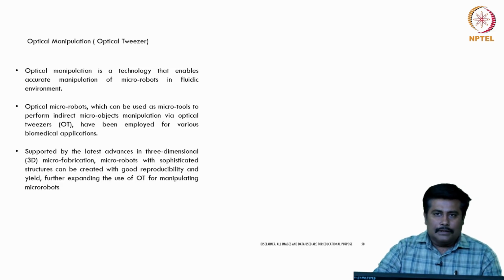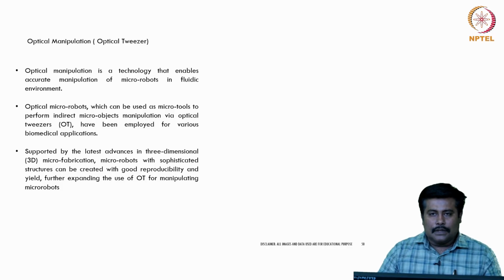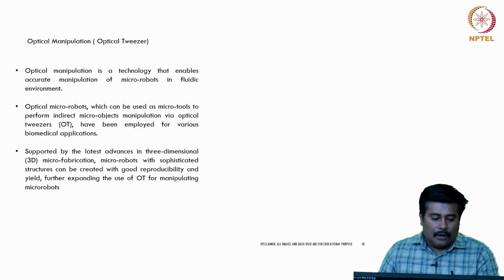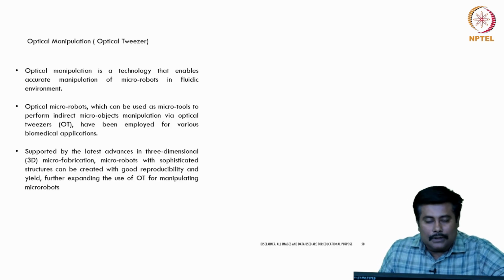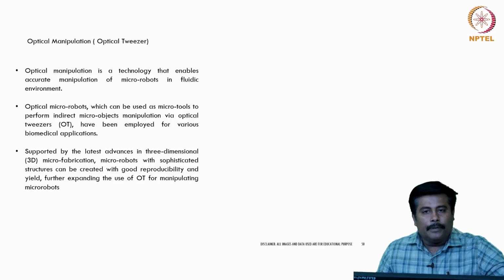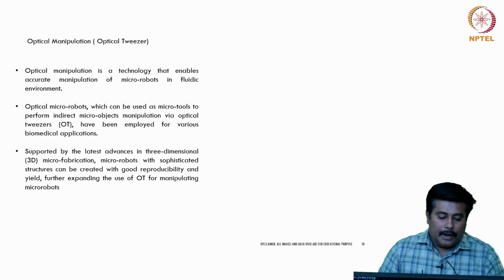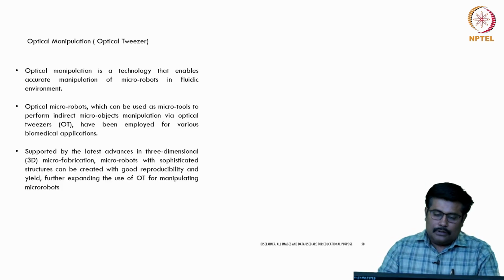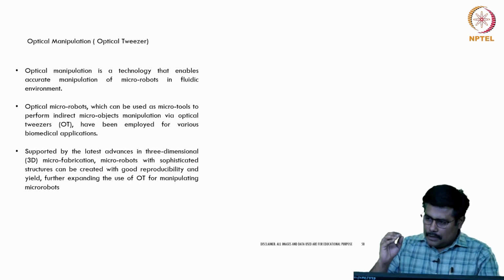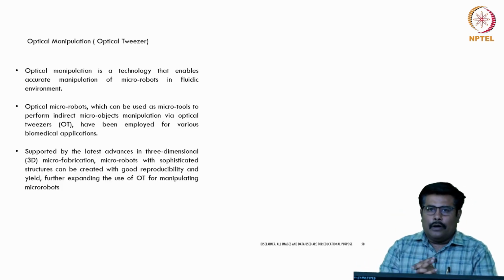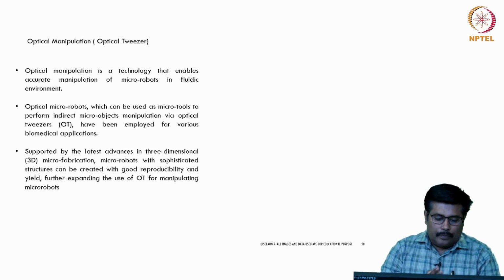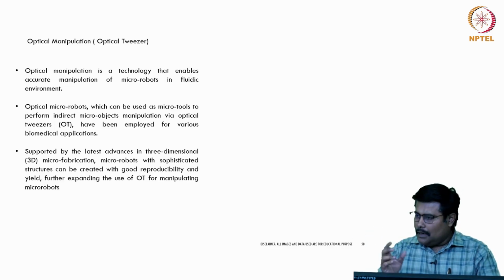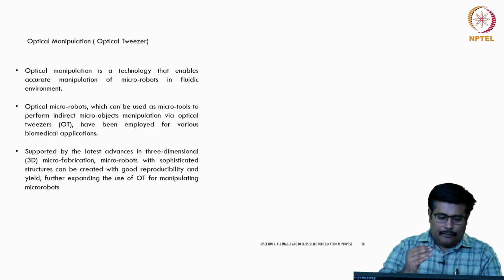Now, as far as this particular field is concerned, these are also called optical micro robots. These optical micro robots can be fabricated using a shape change material. Related to this shape change material, we have discussed in some sections optically sensitive polymers, which are capable of getting actuated when light falls on them.